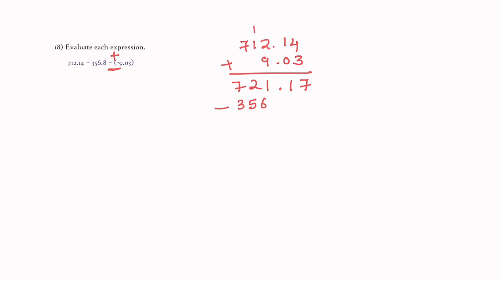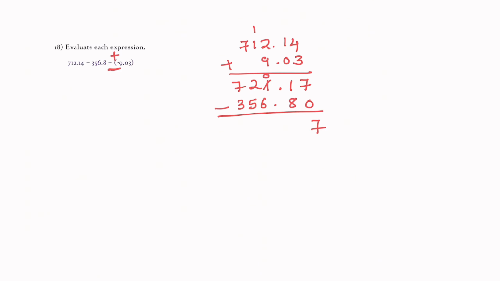Question 18. Positive, negative, and this is positive. What are we supposed to do? 712.14 plus 9.03. This is 7, 1, 1 here, 1 carry, 2, 7. And then a negative, we subtract 356.80. 7 as it is.